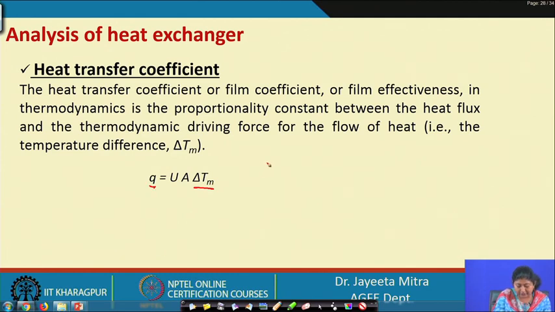So, heat flux is Q by A, the driving force is delta T m, and the proportionality constant we can put here as U, right. So, this is the concept of heat transfer coefficient.